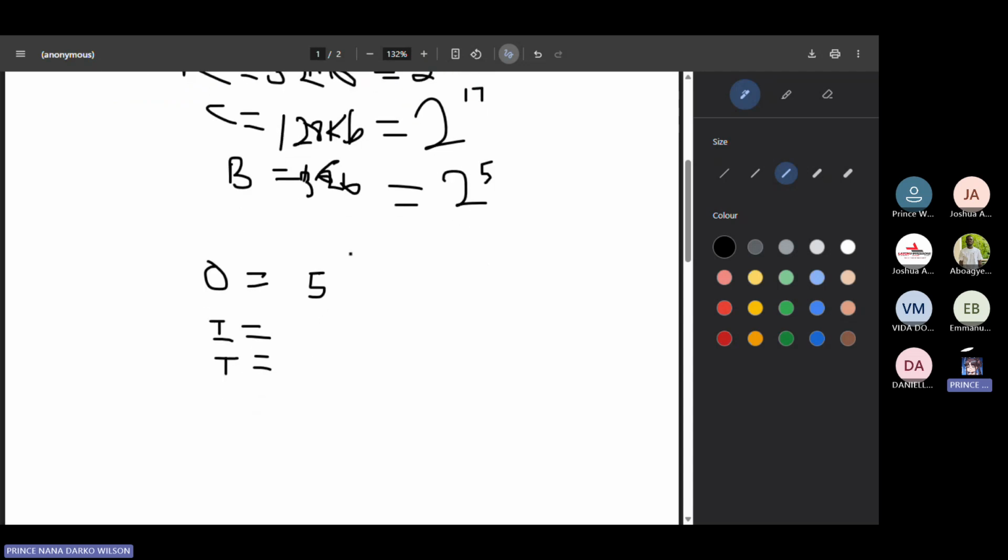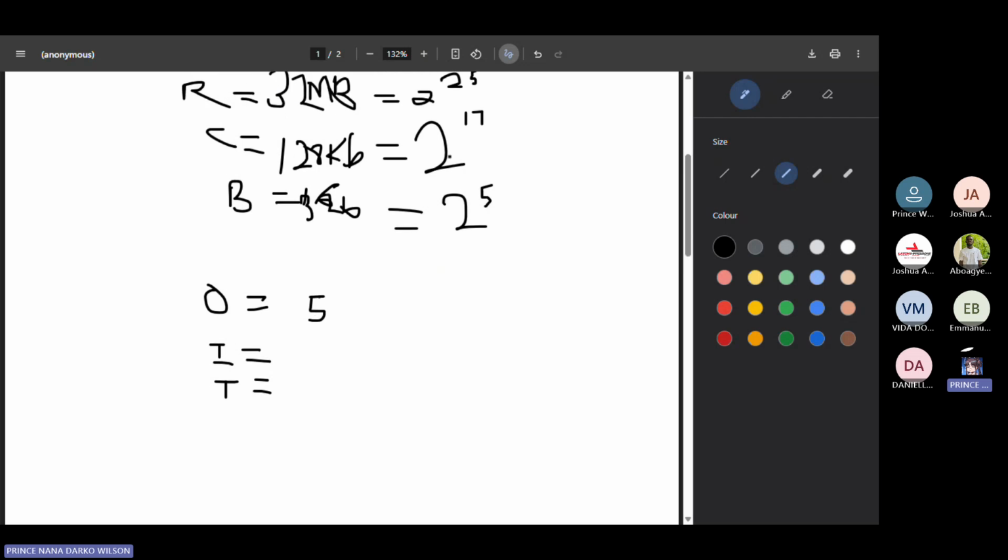Our index, on the other hand, is the log 2 of our cache size, which is 2 to the power 17, so that's 17, minus the offset, which is 5. So 17 minus 5 is 12, and we log that and are left with 12.